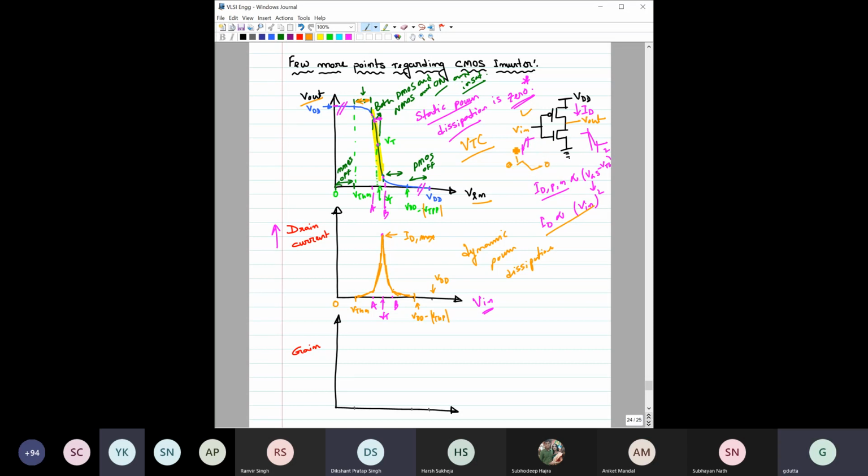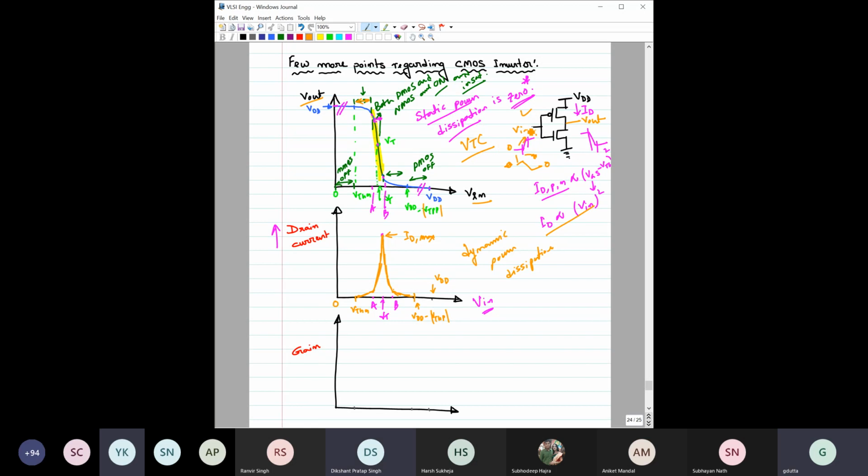In either case, you have to cross this region, and at that time there is a direct path from VDD to ground, and there will be power dissipation. So CMOS will be good, almost no power dissipation, as long as you are not changing the input.